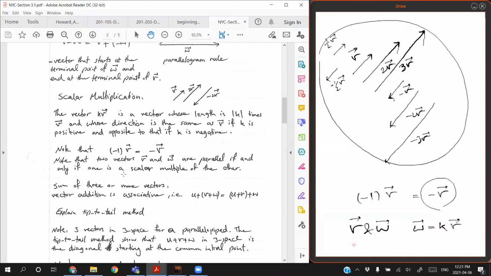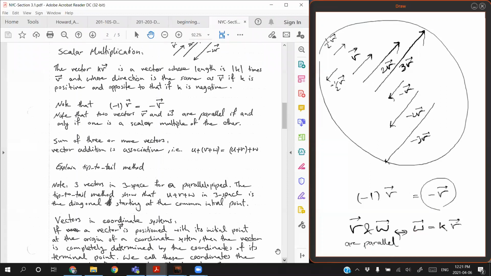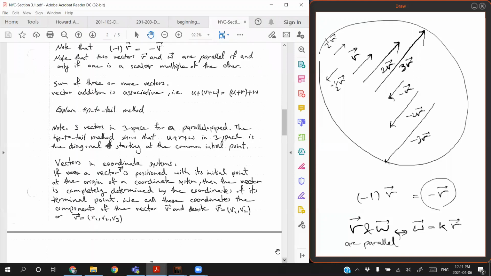So v and w are parallel if and only if there exists a k so that w is k v. So here's the note. Note that the two vectors v and w are parallel if and only if one is a scalar multiple of the other. Any questions?